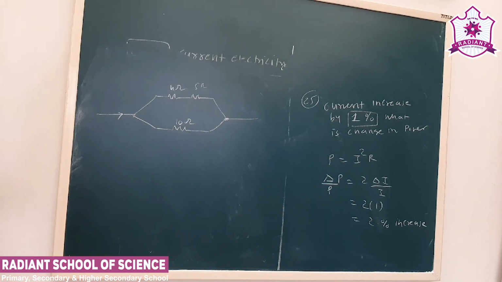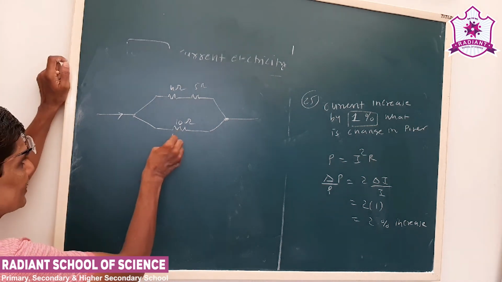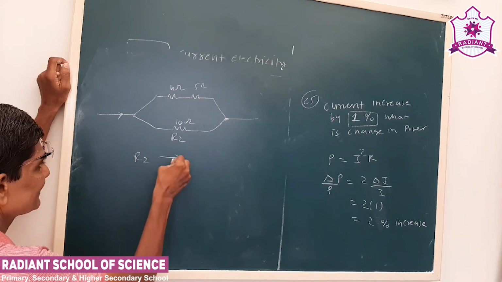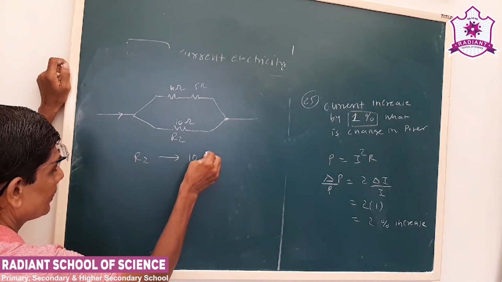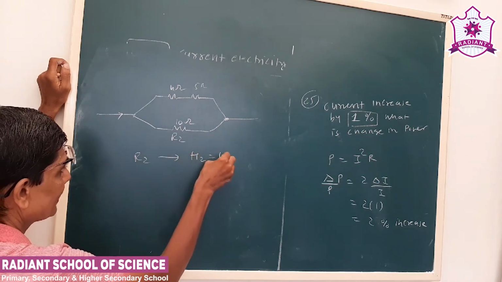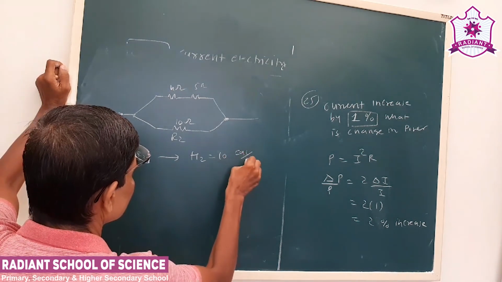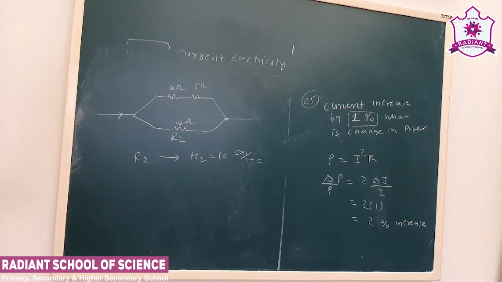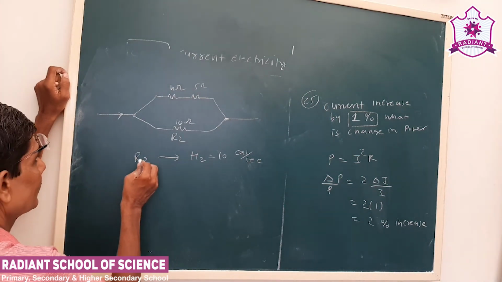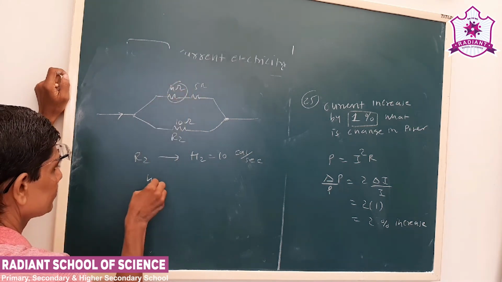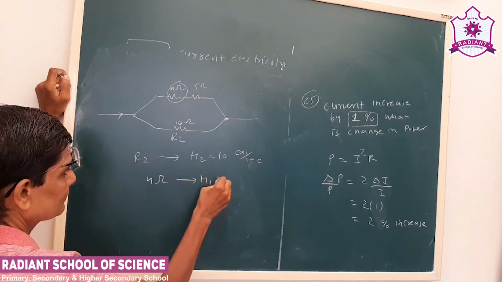See, the joule heat in the 10 ohm resistance, let us say R2 is 10, H2, we can say 10 joule per second or 10 calorie per second. Then what will be the heat produced in 4 ohm? Let us say it is H1.